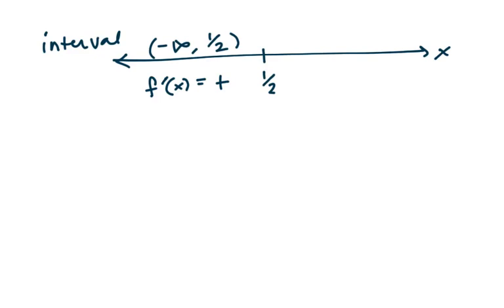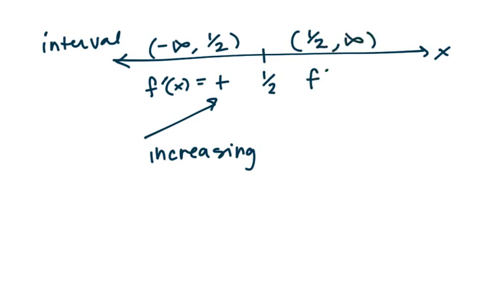So if the derivative's positive, that means the graph is increasing on that interval. And from 1/2 to positive infinity, if we test values in the derivative, we get a negative value. A negative value means that it is decreasing.